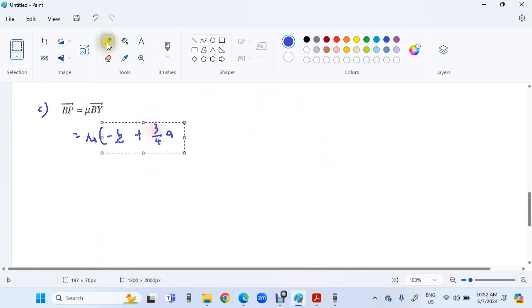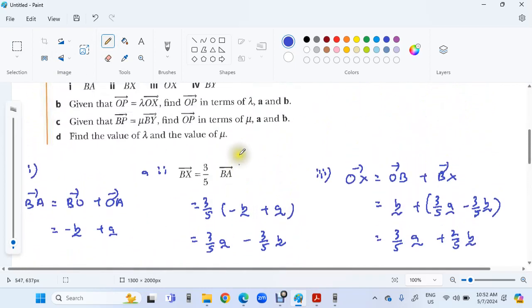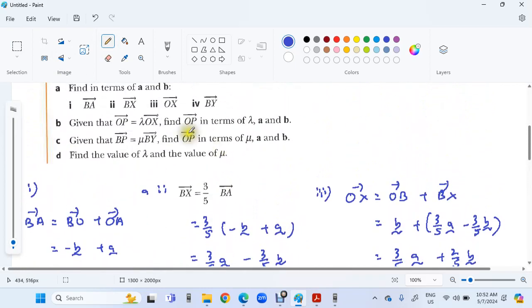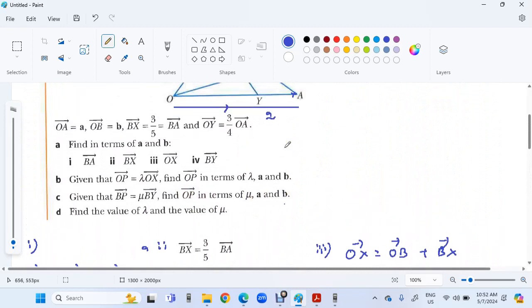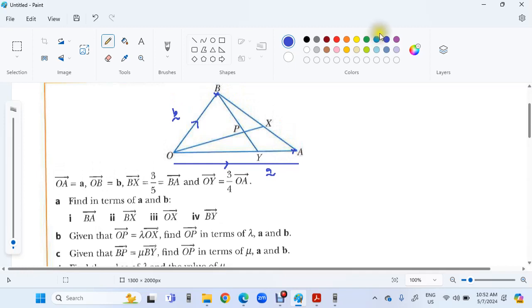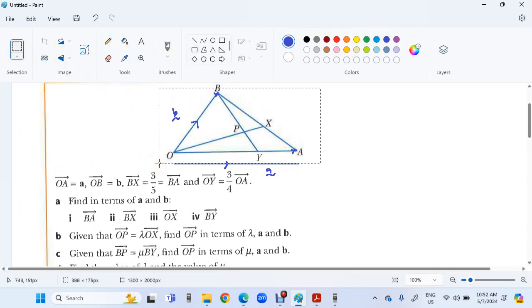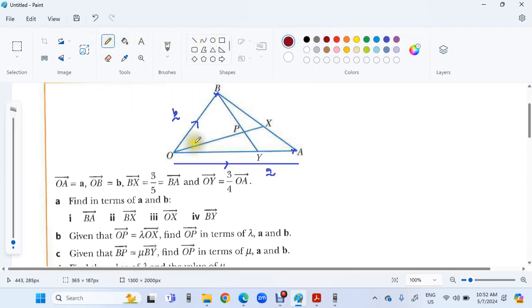Then the question asks us to write OP in terms of mu, A and B. So for OP, we look at the diagram here. OP is from O to P. Just now we have OP is lambda OX.